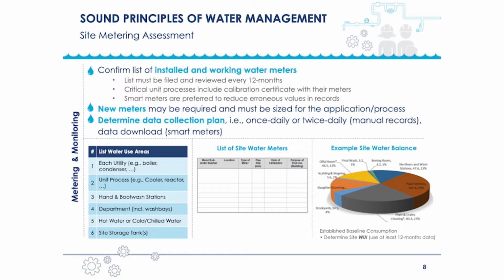Just a quick run through the actual detail. I talked about the metering and monitoring. What we have here is an example of what would emanate from your water meters, and you would have plotted it. First of all, you have your site water meters, and out of that, depending on the departments of the facility, you can draw up and see exactly who the main users are.